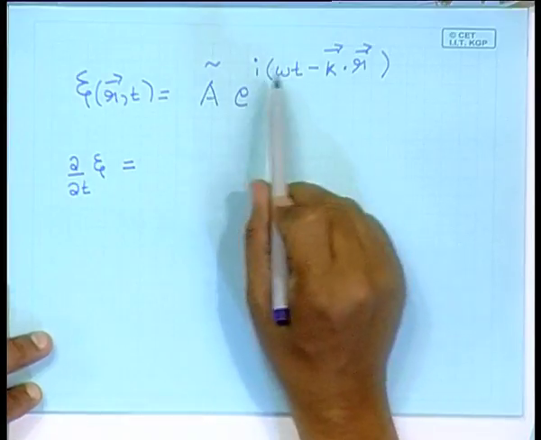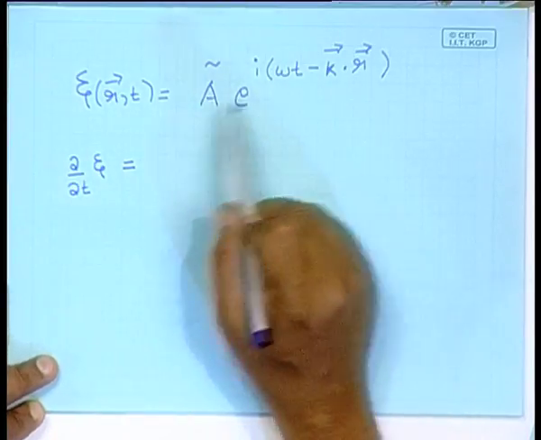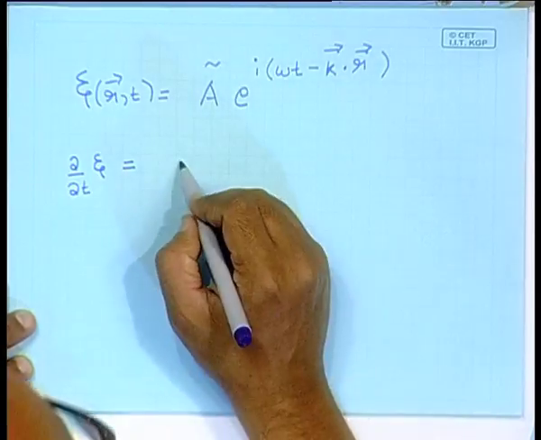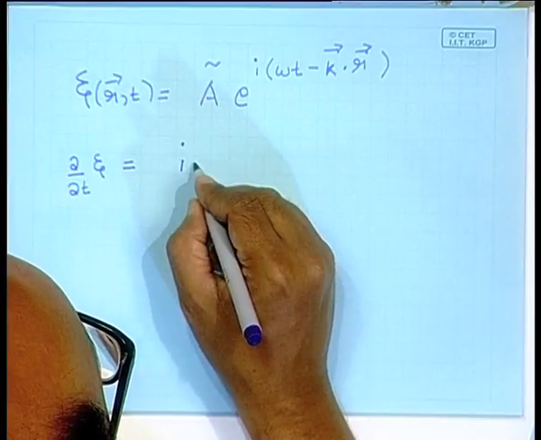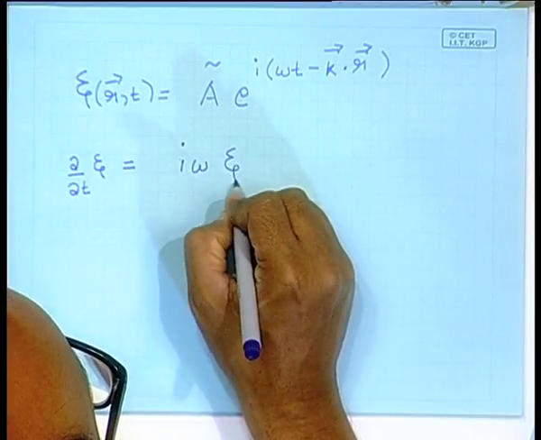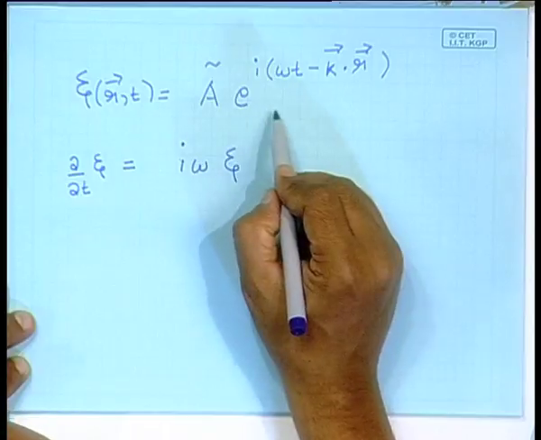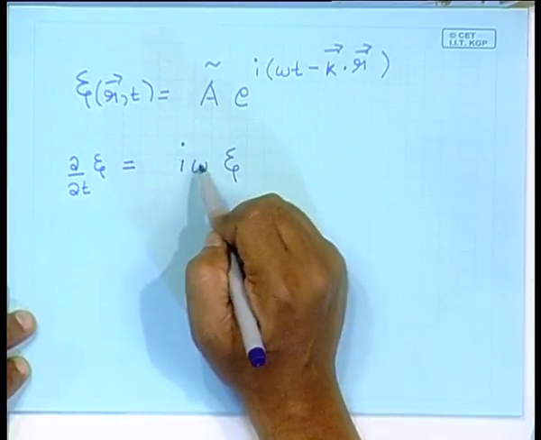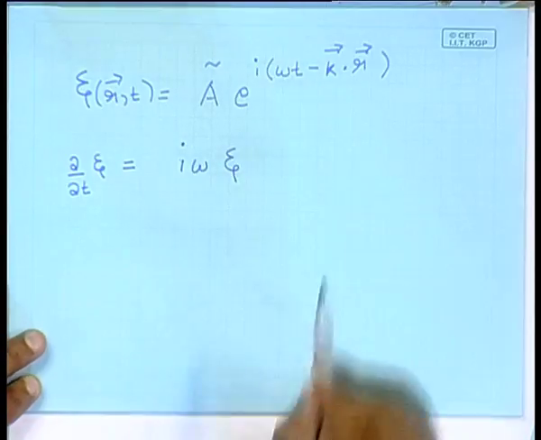If you differentiate an exponential, you recover an exponential with a factor. So, differentiating with respect to time once brings out a factor of I omega, and we have the xi again, that is obvious.